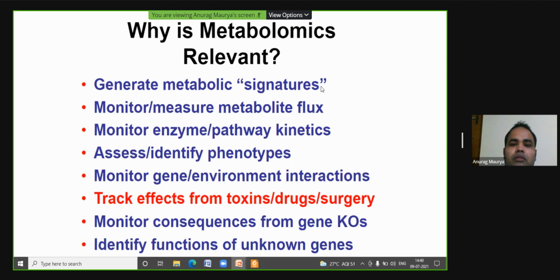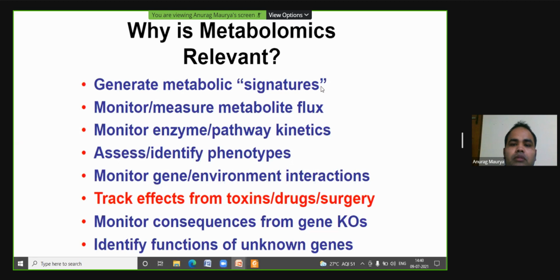Why is metabolomics relevant? So to generate metabolic signatures. So in case of pregnancy, you know about progesterone, but for many situations, you might not know which molecule could be the signature.